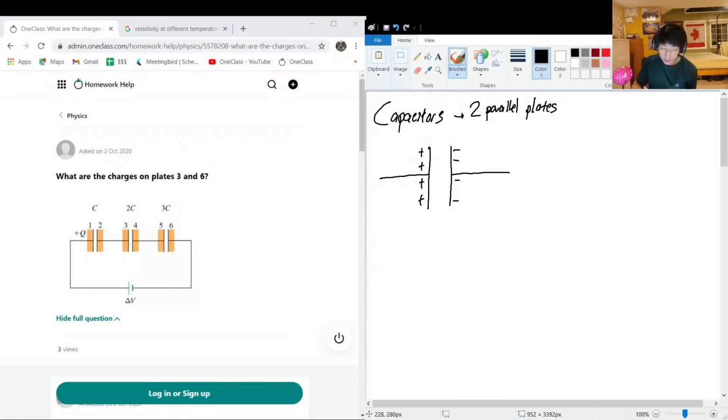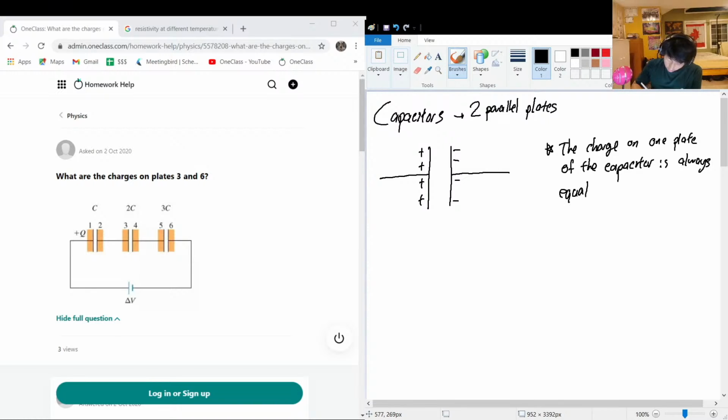Okay, so I'll write that as a rule. The charge on one plate of the capacitor is always equal in magnitude but opposite sign as the other plate.